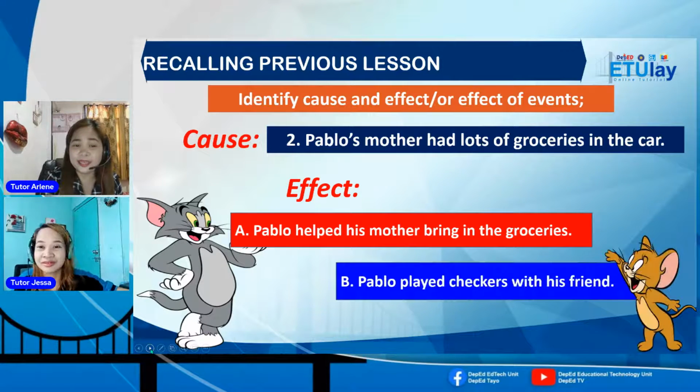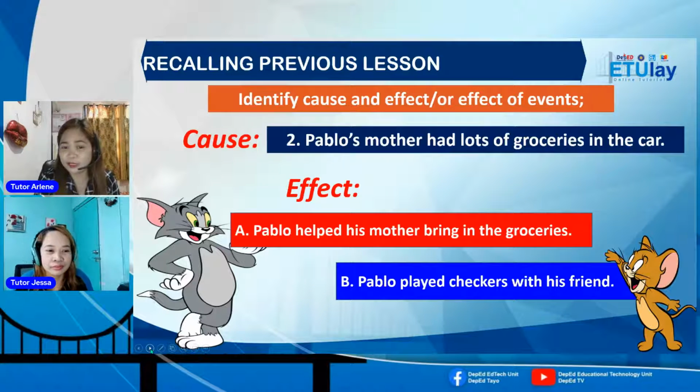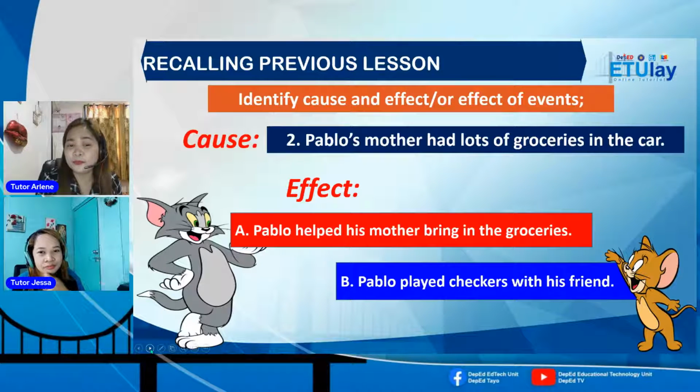Or letter B, Pablo played checkers with his friend. Oh, I'll repeat. Pablo's mother had lots of groceries in the car. So what would be the effect? Is it letter A, Pablo helped his mother bring in the groceries? Or letter B, Pablo played checkers with his friend?